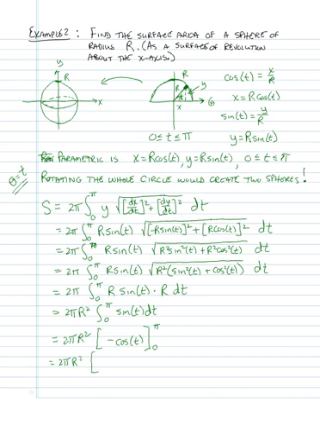Well, negative cosine of pi, then subtract negative cosine of 0. And of course, cosine of pi is negative 1. So we have the negative of negative 1, subtract the cosine of 0.